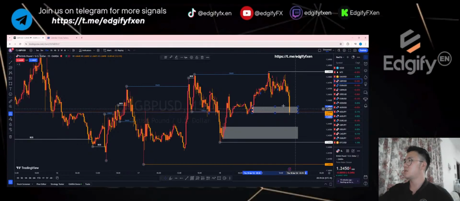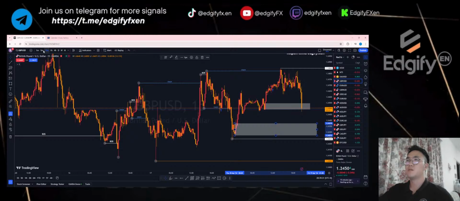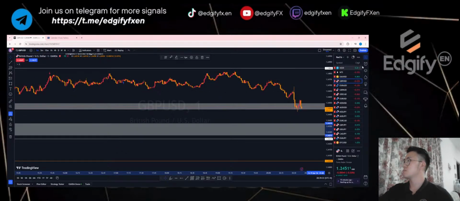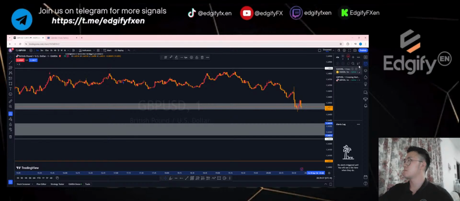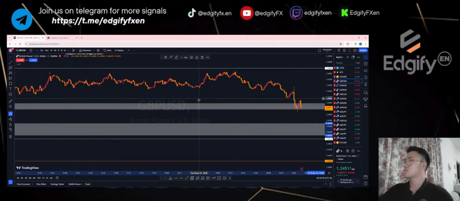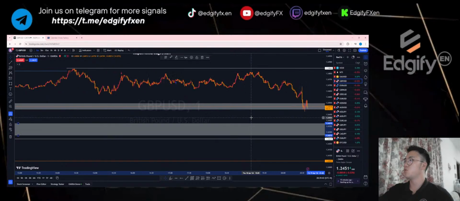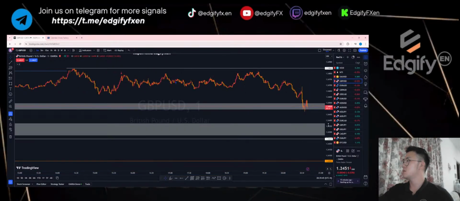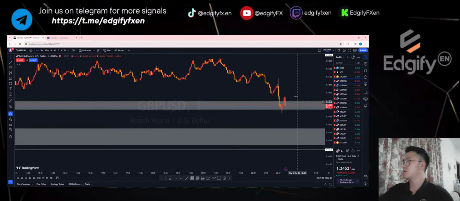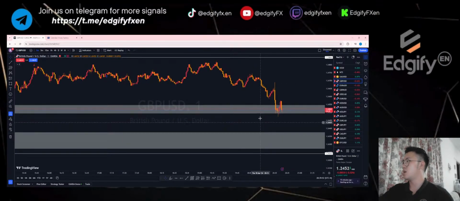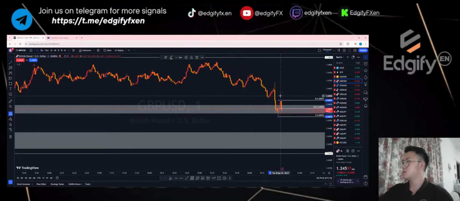We will start looking for buys currently at this level here and here. For GBP USD on the 1 minute, if I'm taking a buy, I'm not sure how aggressive you guys are.